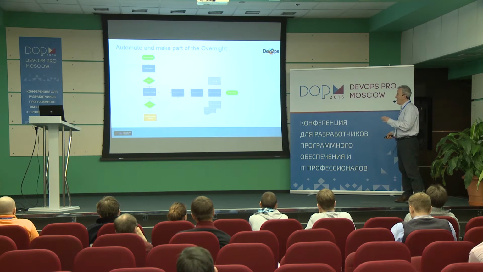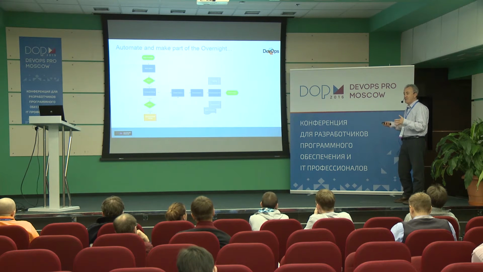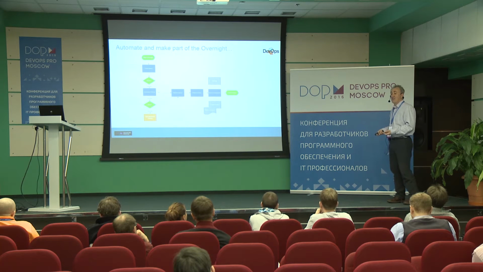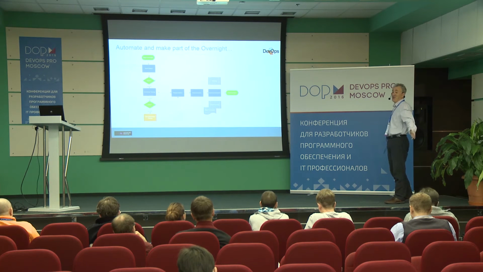And what we've done with this company in the UK is we work with a couple of teams, and they're basically creating a pilot, a showcase, and then get everyone around to see all the good stuff we've done. They'll get excited and want to do the same thing. That seems to be the best way in a lot of businesses to promote change in a nice collaborative way, rather than come and say, you are going to do this now, and that just doesn't work in a lot of companies.